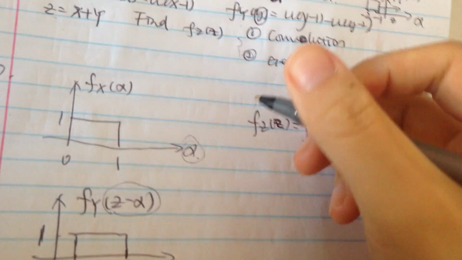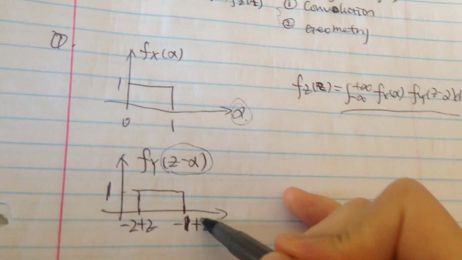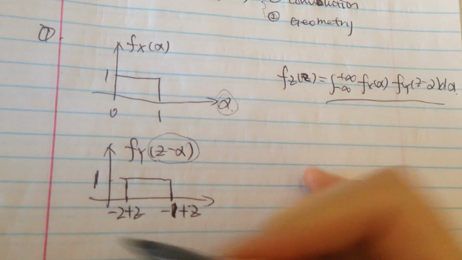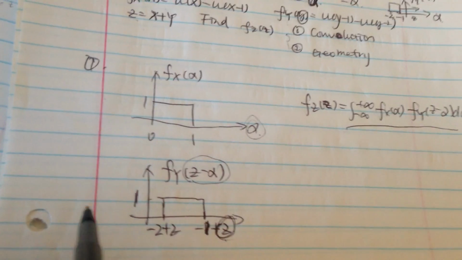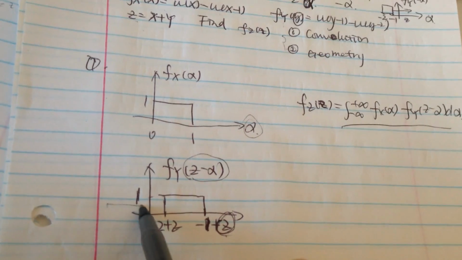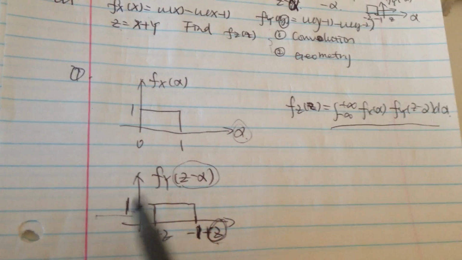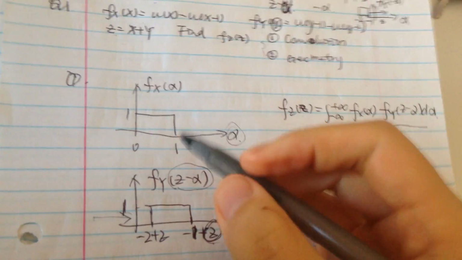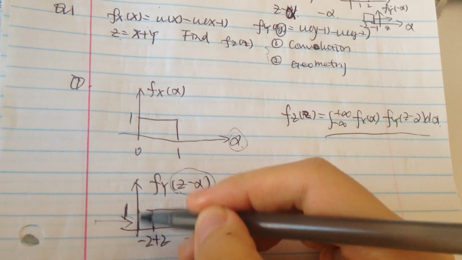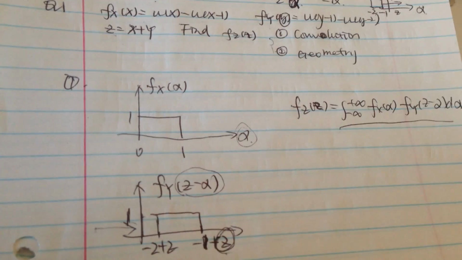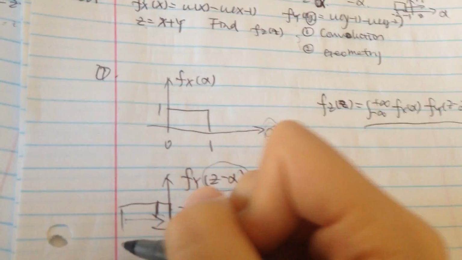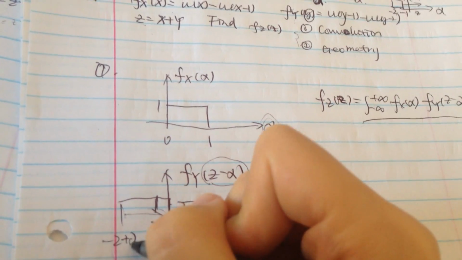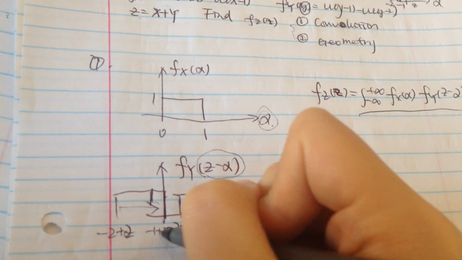So later, how to calculate it? Actually this figure will change if z changes. So if z is really small, we could start it from here. You're gonna move if z becomes larger. So if z is like this picture to get here, so this is z and it's minus plus z.